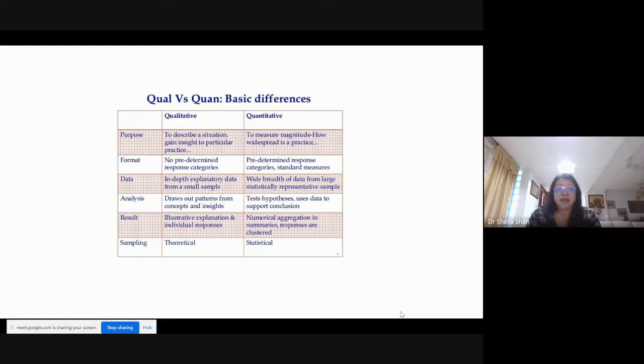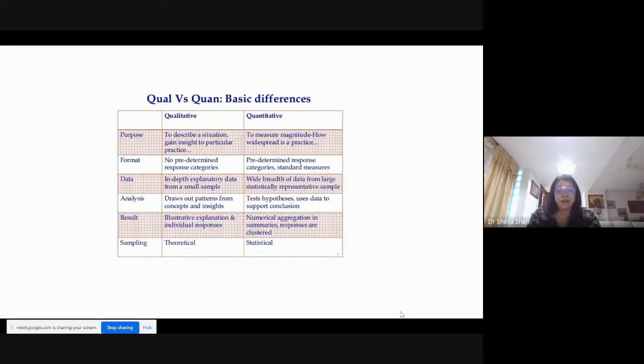In-depth explanatory data. As I told you, very in-depth. Analysis, draw out patterns from the concept. So how do you analyze? From the pattern of the answers. You are looking for your answer through their answers. So there will be a little bit of bias.